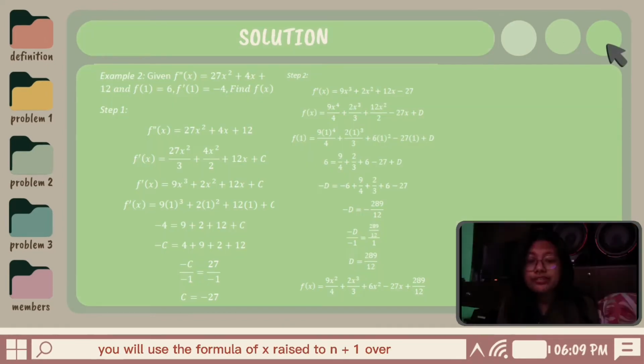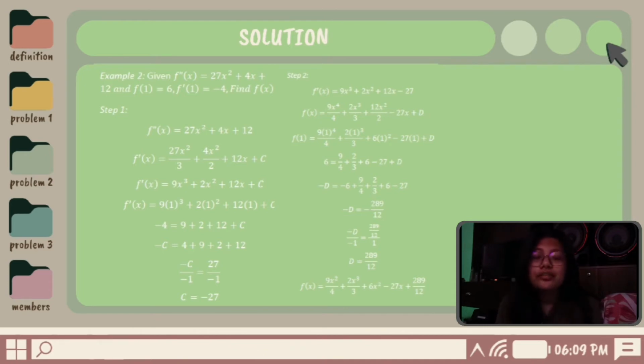First, we will use the formula of x raised to n plus 1 over n plus 1 plus c. For 27x squared, it will be 27x cubed over 3. For 4x, it is 4x squared over 2. For 12, we will put the variable x beside it: 12x, then plus c.